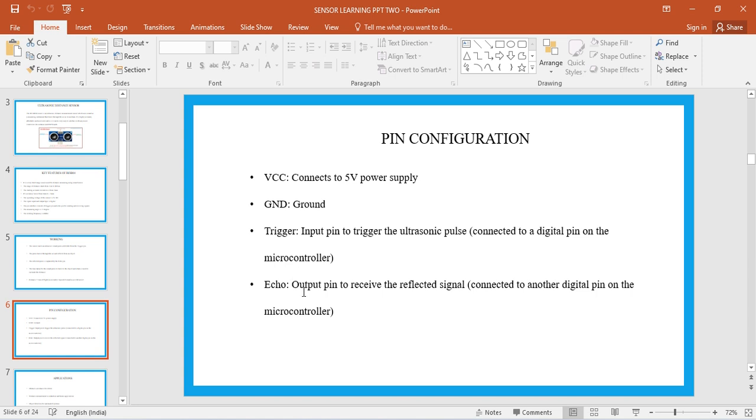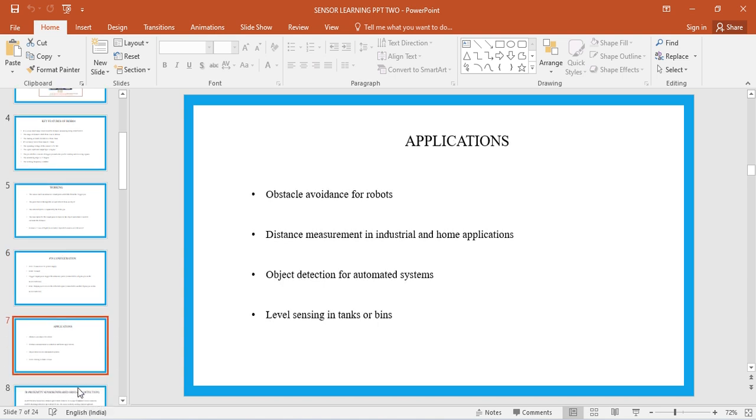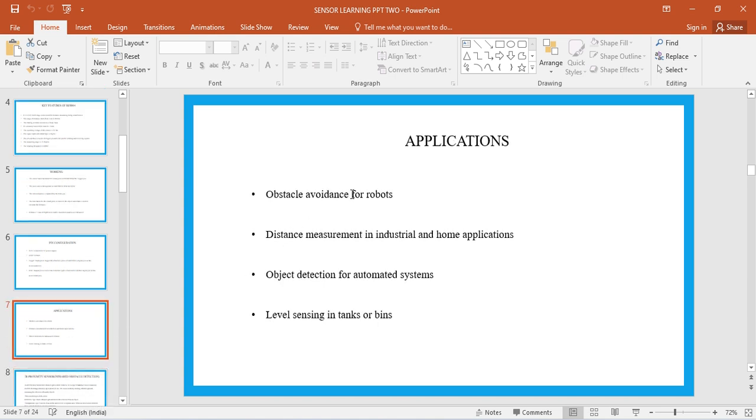The initiated ultrasonic pulse reaches the destination and comes back to the source, so while coming back, we have to receive the signals with this pin only. Seeing the applications: obstacle avoidance robots, distance measurement in industrial and home applications, object detection for automated systems, and level sensing in tanks and bins.